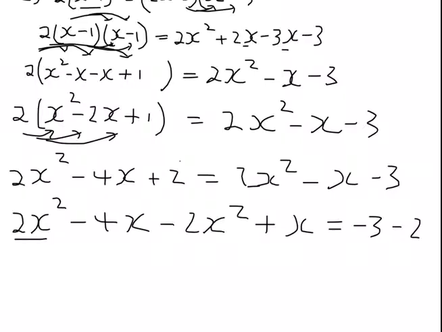It looks like this will cancel with that. So that means that cancels with that. And then we have that -4x that you add to 1x, which will be -3x. Yes, which should then be equal to, you have this negative that, then you end up having negative or minus 5.